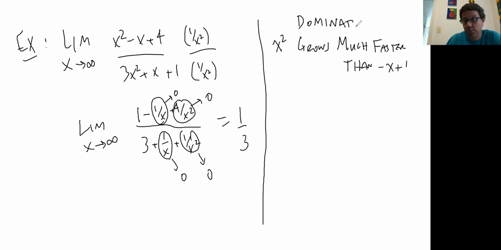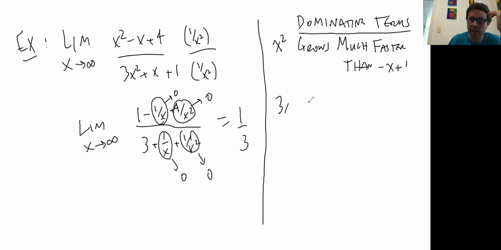You really don't need to look at terms that aren't contributing much. If one term is much bigger than the others, then you can disregard the small ones because they hardly contribute anything. So on the top, the x squared is the dominant term. That's the numerator. In the denominator, what's the dominant term?